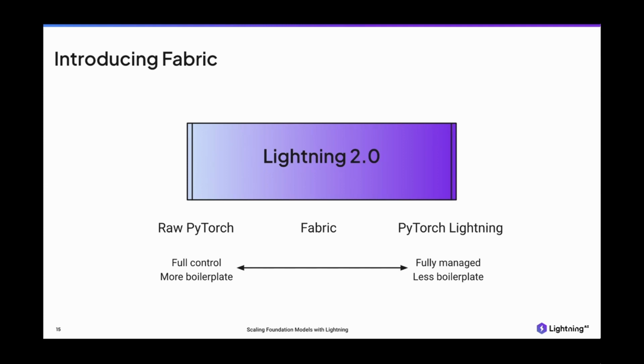You can think about Fabric as, we called it at the beginning, Lightning Unbundled, in the sense that it basically ships many of the internals of the PyTorch Lightning trainer as building blocks that you can use in a raw PyTorch code base to augment it. And the amount by which you actually augment it, the amount of managed things that you can have, is up to you.